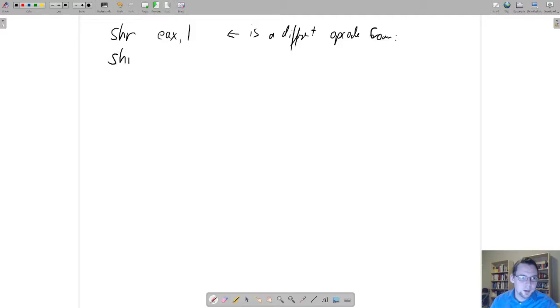Not just a different constant, an actually different opcode, different operation code. This here is the more general one, which was introduced in the 286.